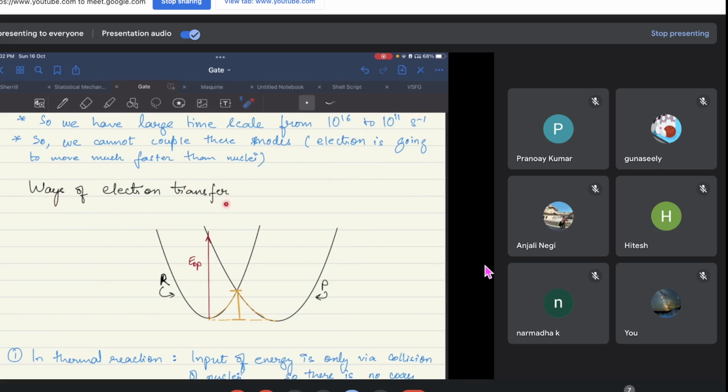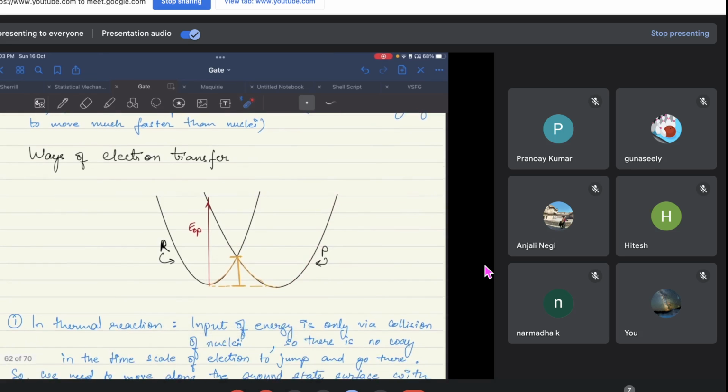Now the ways of electron transfer that I have to keep in mind between my reactant and my product precursor complexes is this. Just considering again the electronic transition, here are the two parabolic curves, one denoted to the reactants and one to the product.